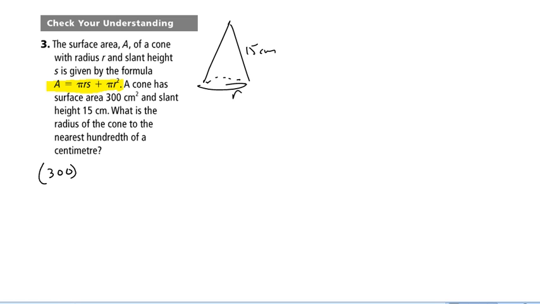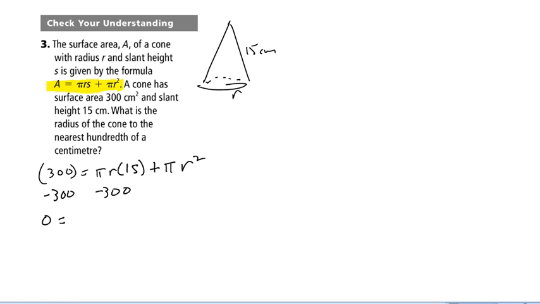So we'll sub in 300 for area equals pi r 15 plus pi r squared. And now let's get everything on the same side. Subtract 300 from both sides.